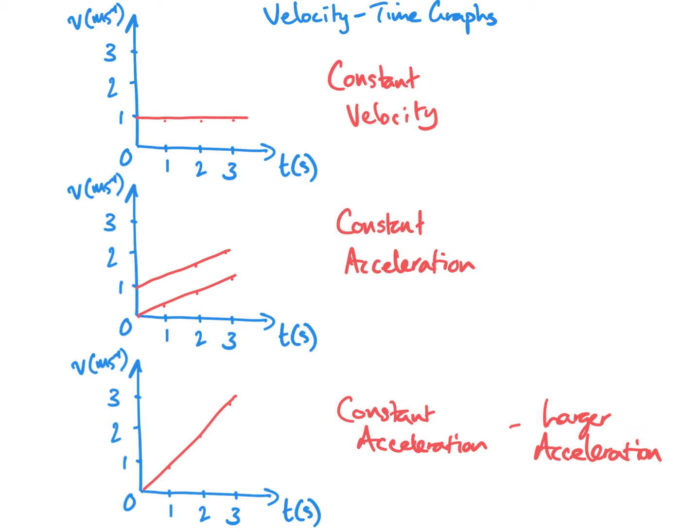Then what we've got is the same constant acceleration. So same acceleration, but just a different starting velocity. So if the lines are parallel, that shows the same acceleration. Steeper lines are larger accelerations. So both of these graphs have the same acceleration.